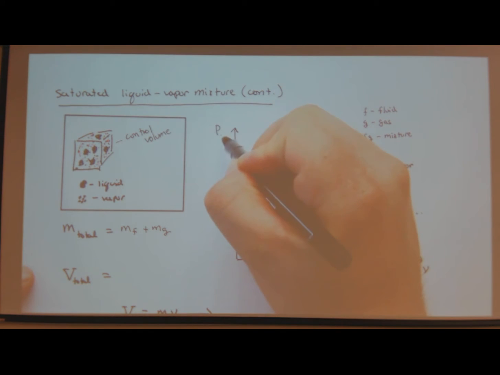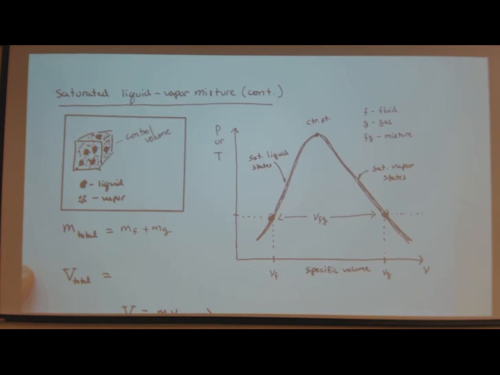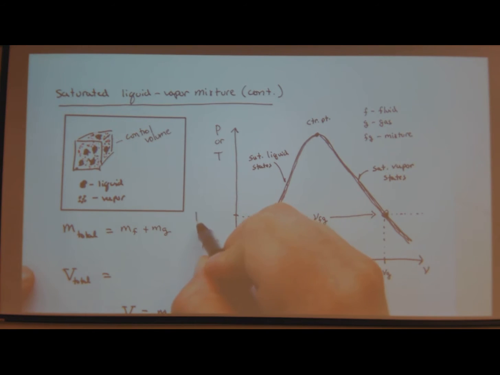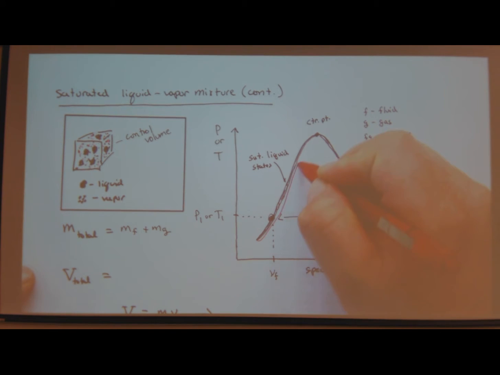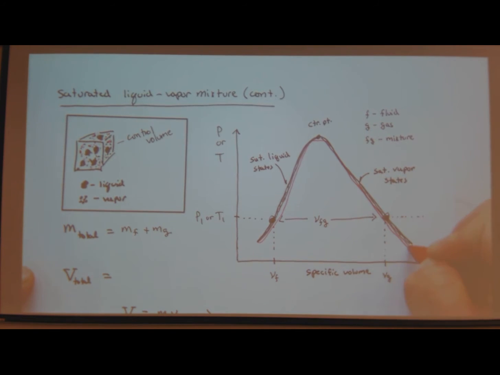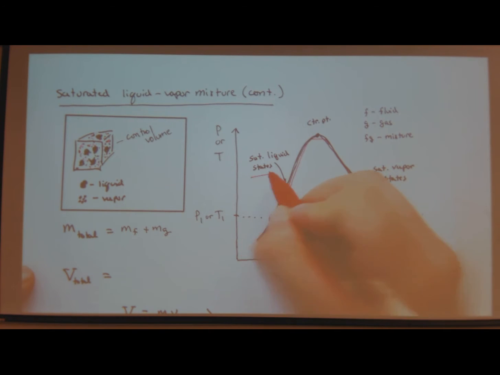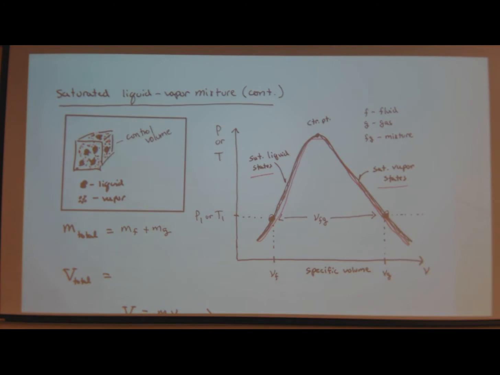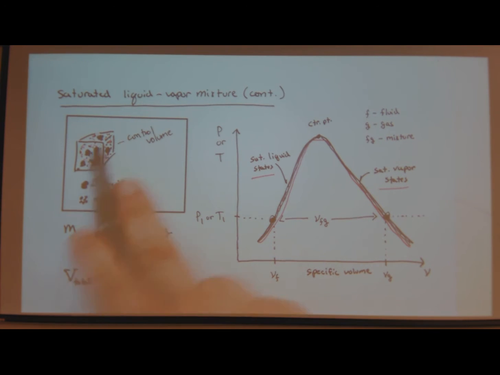And again, this can be pressure or temperature, and there's some corresponding temperature or pressure at this location. Again, I have my saturated liquid and saturated vapor lines. So control volume, mass total, mass fluid, mass gas.